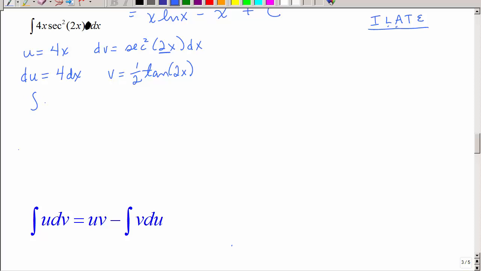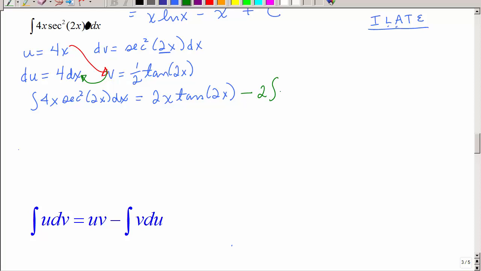So let's proceed. So we have our original problem, by parts. It says u times v, so I'm going to multiply those together. So 1/2 times 4 is 2, and then I have an x, tangent of 2x. Then it says minus v du. So again, 1/2 times 4, I'm going to put that 2 on the outside, and I have the tangent of 2x dx.